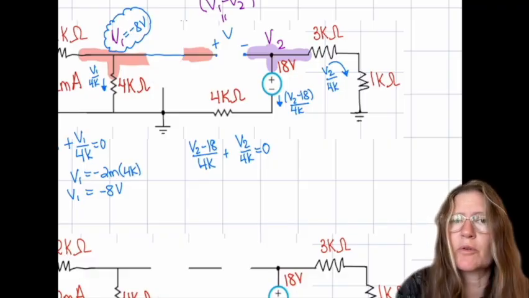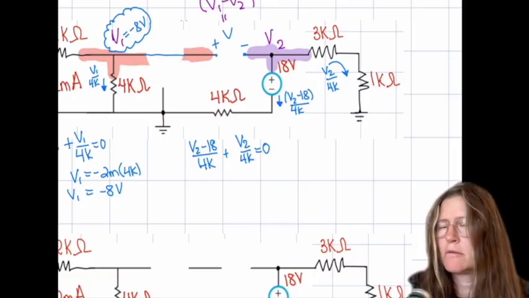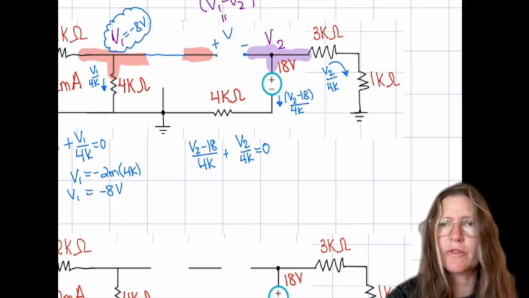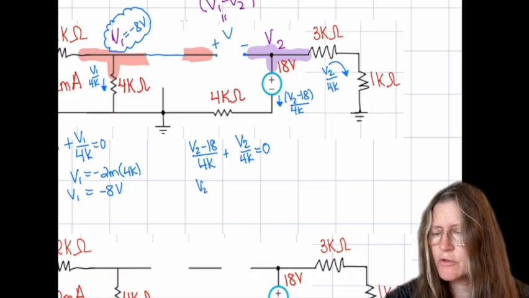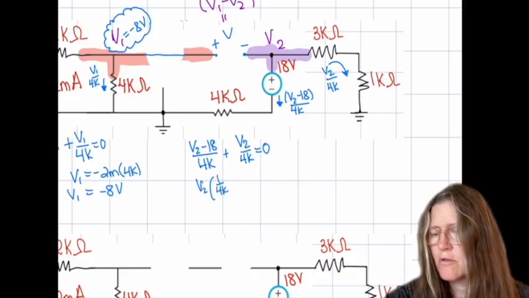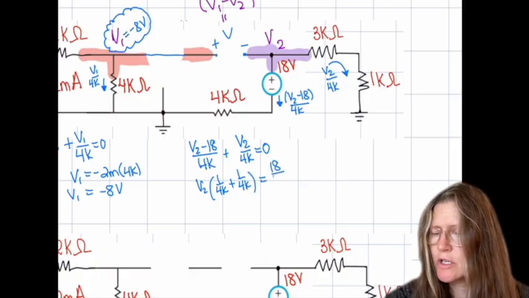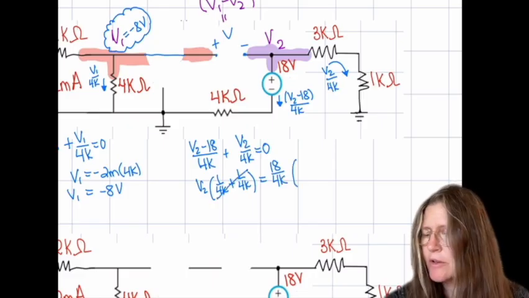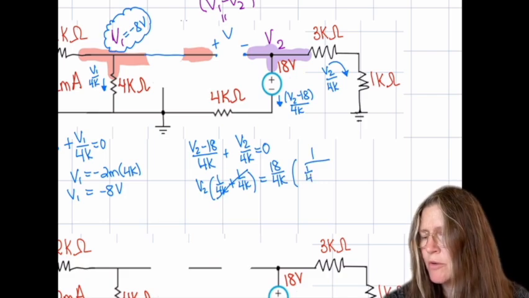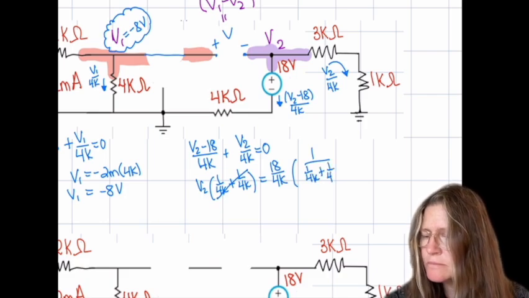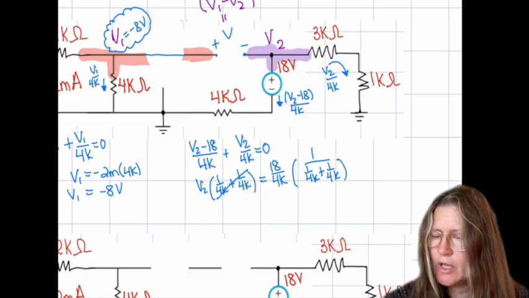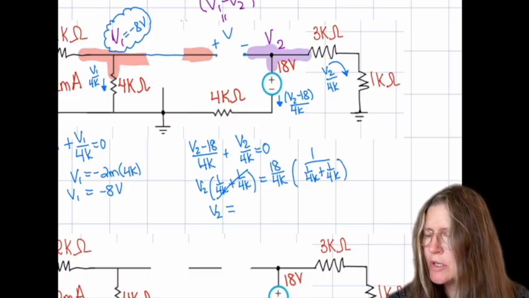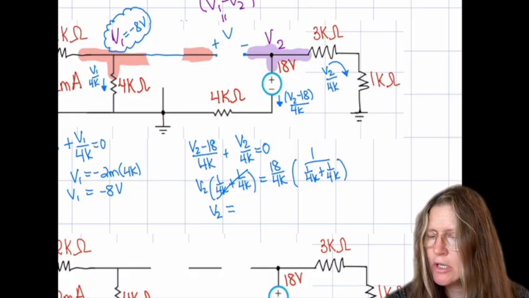And then we are going to combine the terms for the variable V2, and take over the 18 over 4K. Then we can divide by this 1 over 4K, which ends up being 2K, for a value of plus 9 volts.